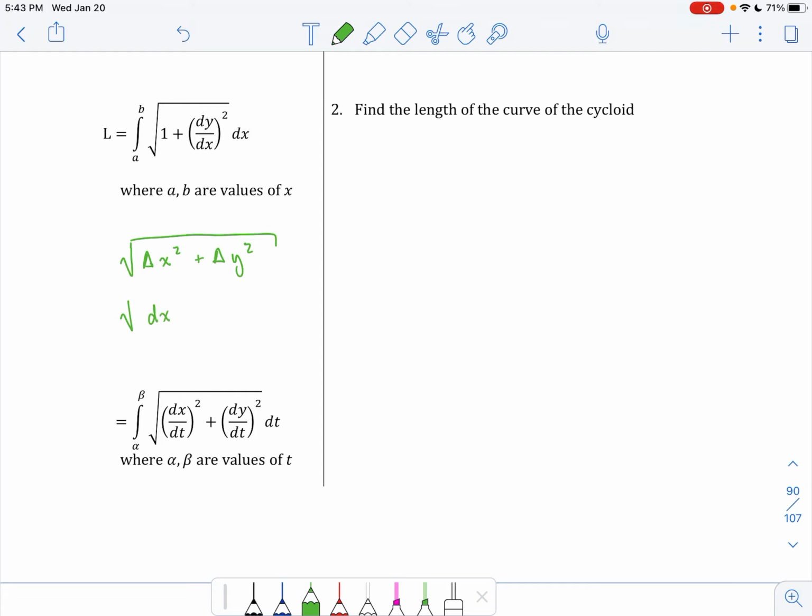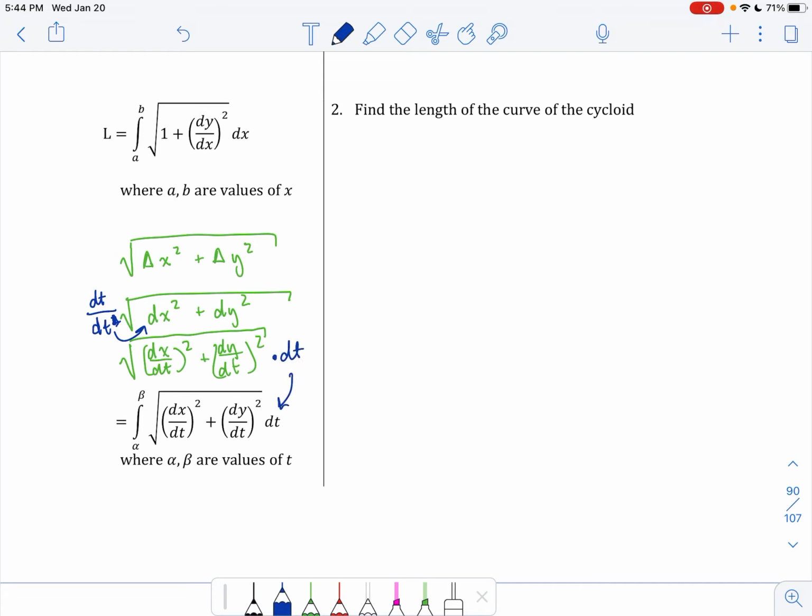So in this case, that's dx squared plus dy squared. And since we're in terms of t, it's dx/dt squared plus dy/dt squared. And if I want to have a dt squared in each of the denominators going in here, that's dt on the outside, to keep the fraction equal. That's how you end up with dt here, so that we can actually integrate in terms of t.